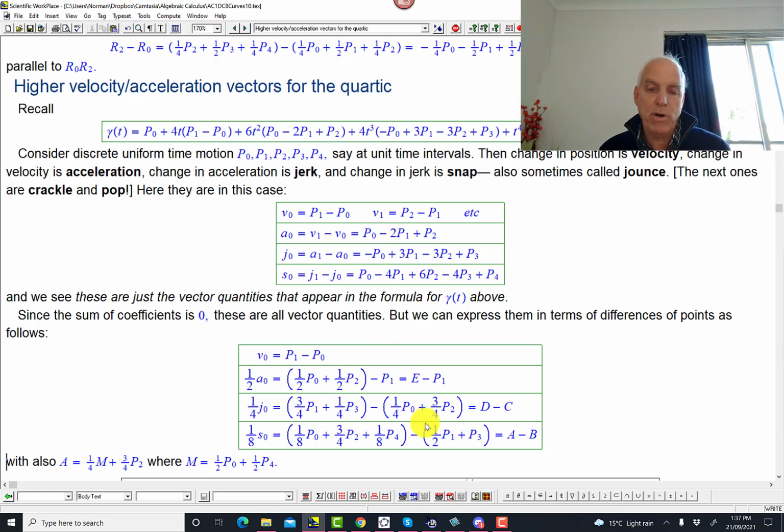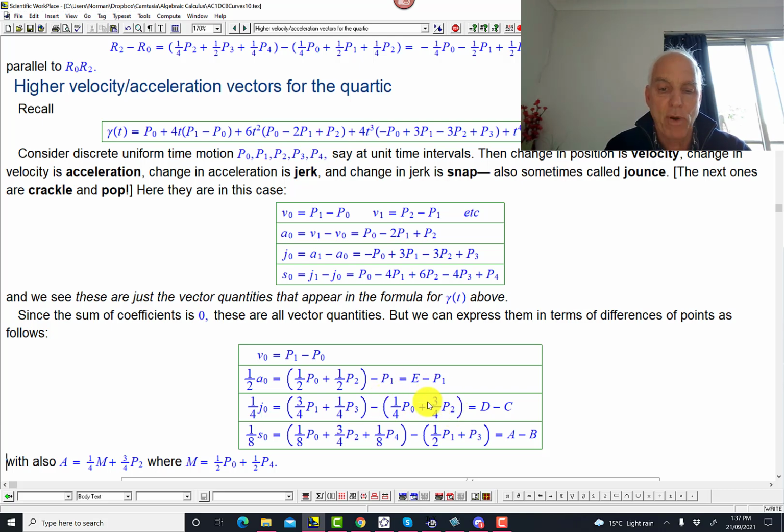Then I have point minus point. Once I've divided by 4 and brought the 3P1 and the P3 together, I get 3/4 P1 plus 1/4 P3. I put a little bracket around that, and I can think of that now as a point because it's an affine combination, the sum of coefficients is 1. And what's left over is minus 1/4 P0 plus 3/4 P2.